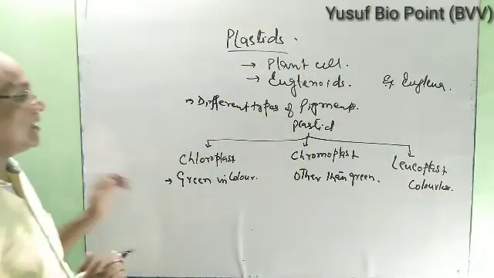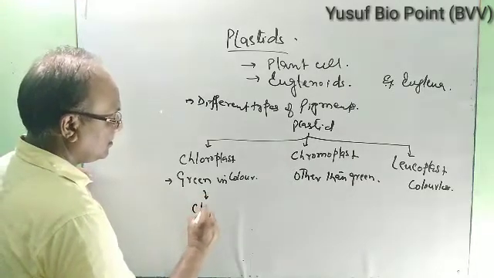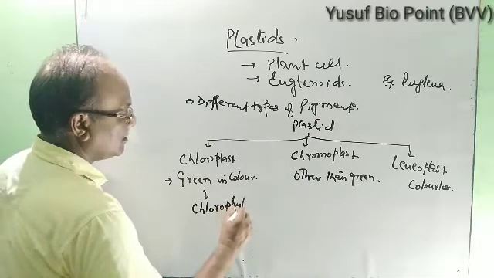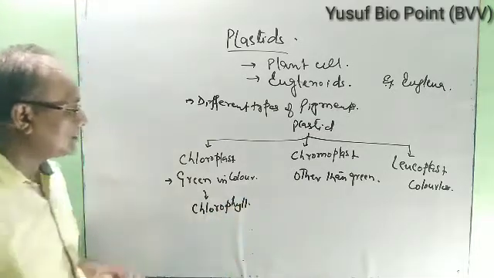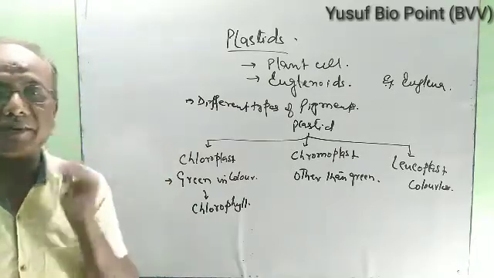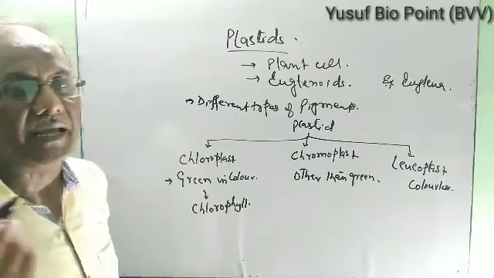This green color is due to the pigment chlorophyll. Also, you will find later that chlorophyll is of several types, chlorophyll A, B, C, D, like that.